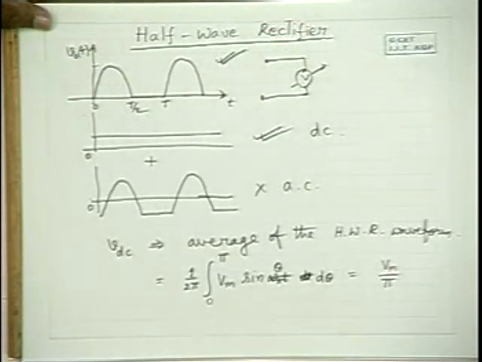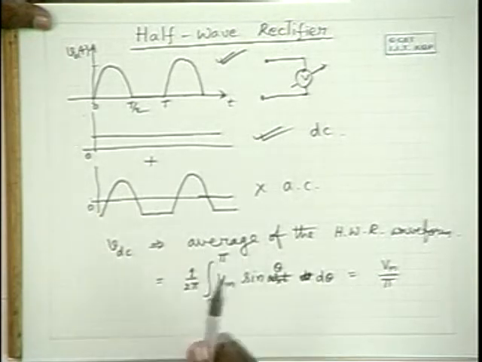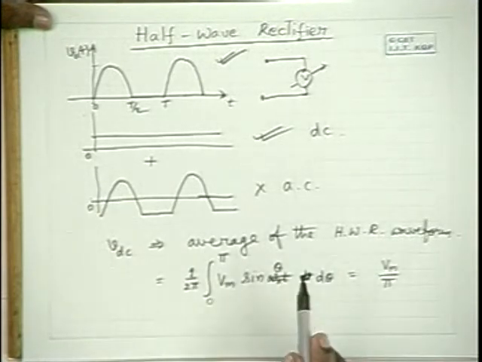So how do you measure the AC component? By average? The average of an AC component is 0, so it doesn't give you anything. We measure it by RMS value. Okay, so if you determine the RMS value of the waveform in the same fashion, you will determine the AC component also.